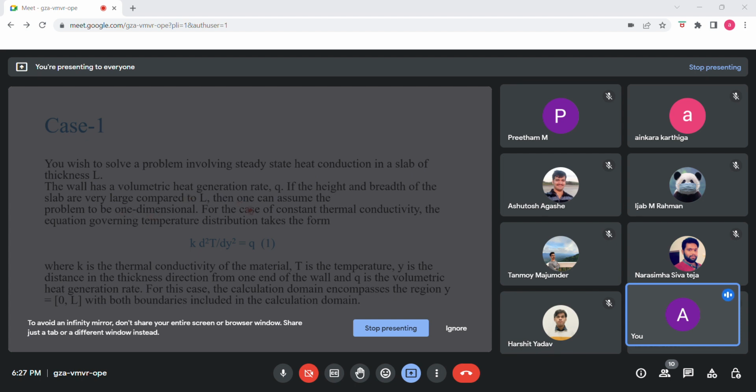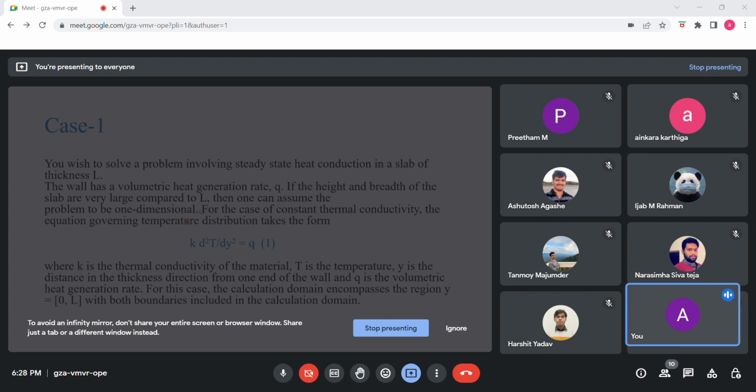For this case of constant thermal conductivity, it is mentioned the equation governing temperature distribution takes this form. Since the thickness is very small, the problem is one dimensional, and with constant thermal conductivity, the equation governing temperature distribution is this equation.